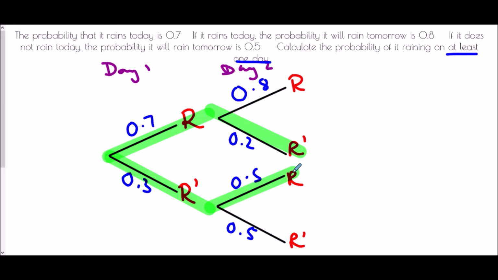But there is something else to be careful of here, and it's the word at least one. Now, if it rains on the first day, then it has rained on at least one day, and therefore also raining on both days counts. And so what is the probability that it rained on both days? 0.7 times 0.8, so 0.56.